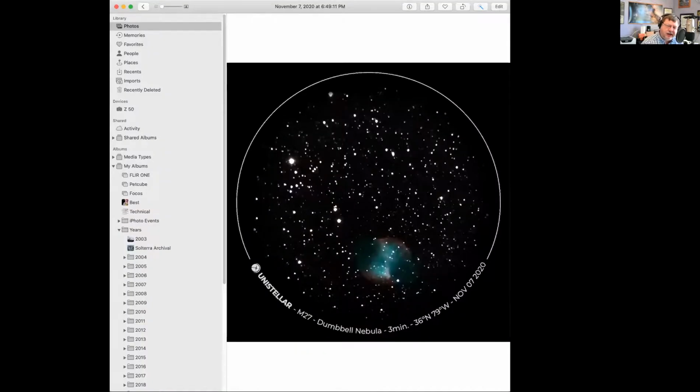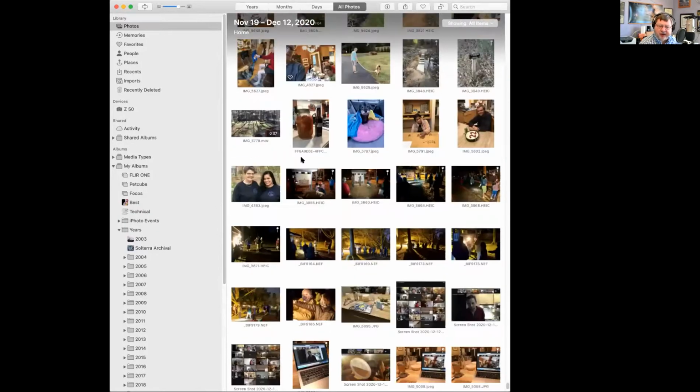So here's a photograph I just took with my fancy telescope. Well, this was in November. I think I took a more recent one. And this is a planetary nebula you see here. What it is is just a bunch of glowing gas that's blown off from the atmosphere of dying stars. Let's see if I can find another shot of that.